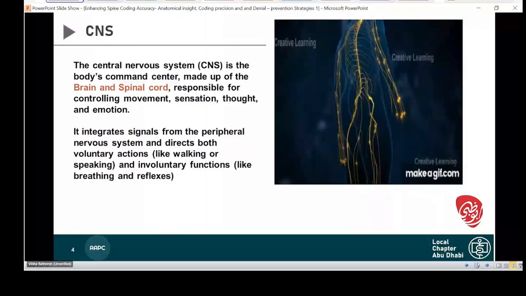The central nervous system is responsible for controlling the voluntary and involuntary actions of the body. That means voluntary actions like walking, speaking, etc., and involuntary actions like breathing or respiration, digestion, reflex actions, etc.